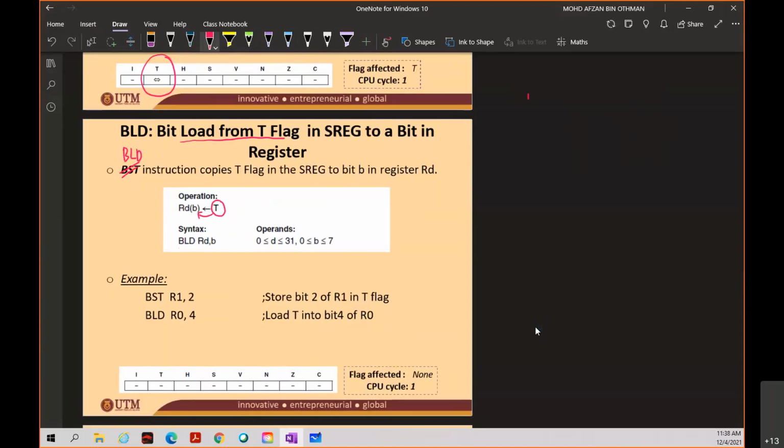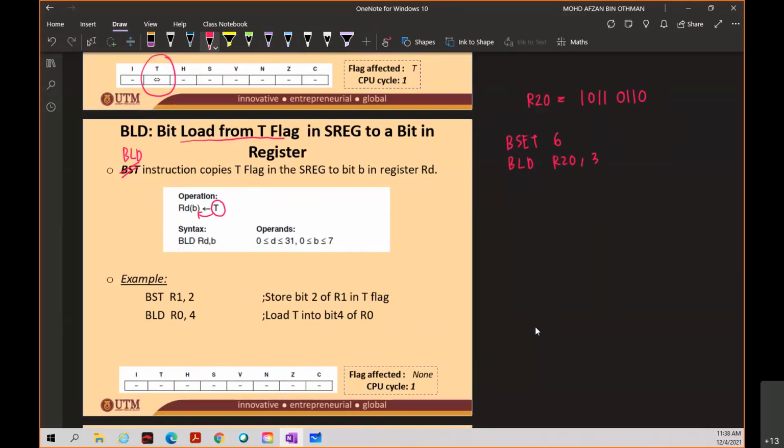Let's say you have another example. We take R20 equal to 1011 0110, for example. This is your R20 value. Then I use BSET 6, followed by BLD R20, 3.